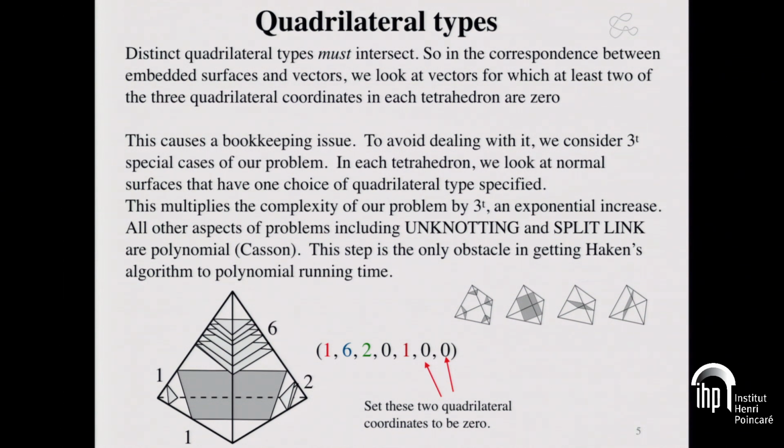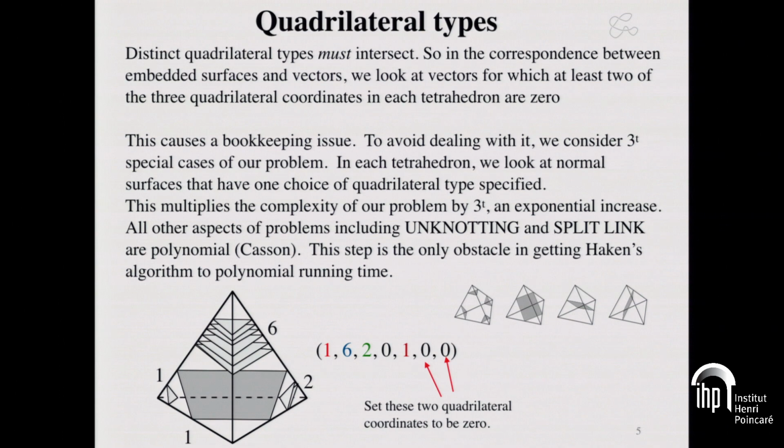So all the exponential difficulty is tied up with these quadrilaterals. We'd have a nice polynomial time algorithm for unknotting if we could figure out how to choose these quadrilaterals properly in advance. So this was an observation of Haken. The reason that it reduces to polynomial time is because it becomes a real linear programming problem after you choose these quadrilateral types.